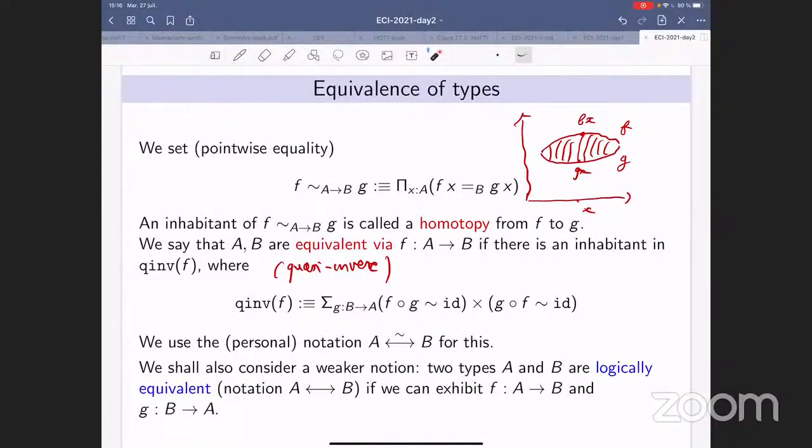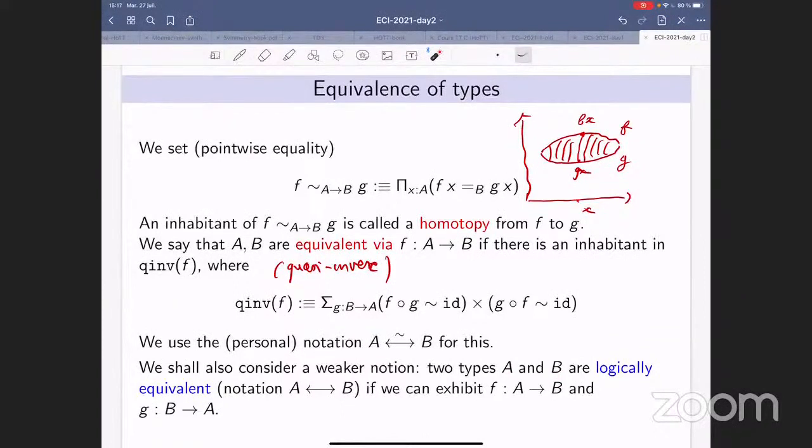And this is really a good notion. But you also have a weaker notion. This weaker notion that relates types is called logical equivalence. In this weaker notion, which is really inspired by logic, we just require that A implies B and that B implies A. So what does it mean from a type theoretic point of view?